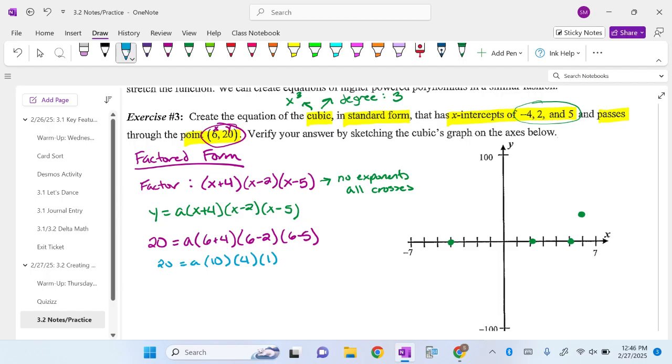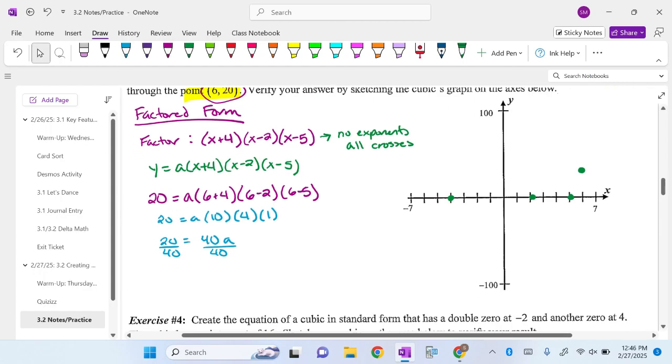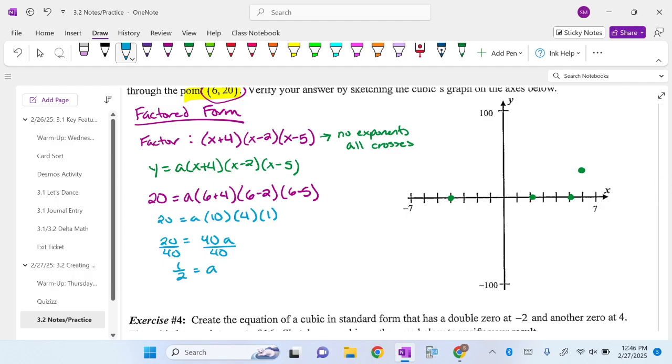So we're essentially just doing 10 times 4. So 20 is equal to 40a. Divide by 40. What does 20 over 40 simplify down to? 1/2. So my a value is 1/2.